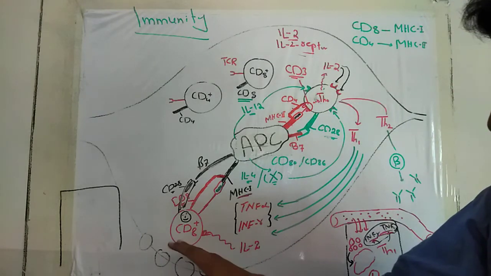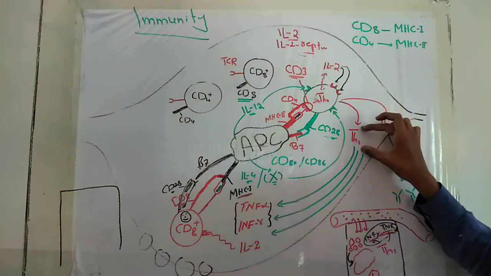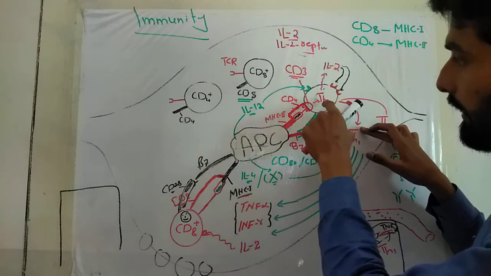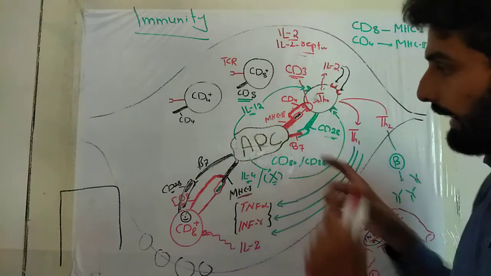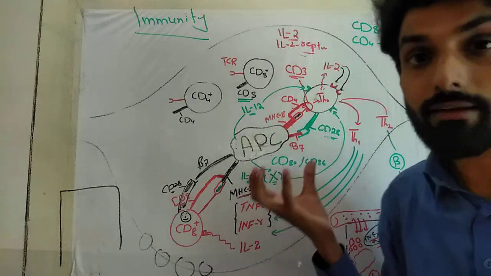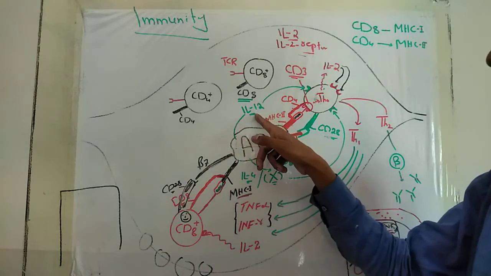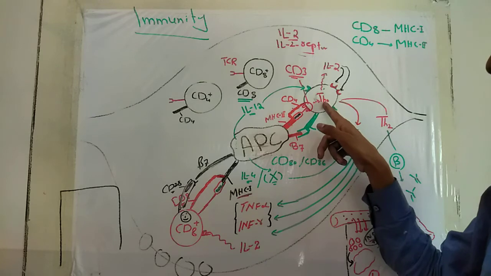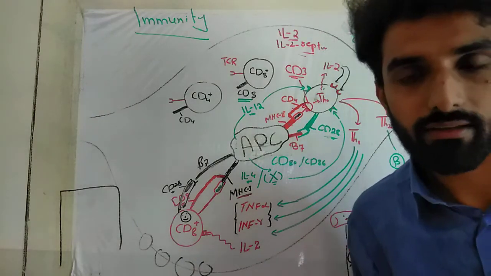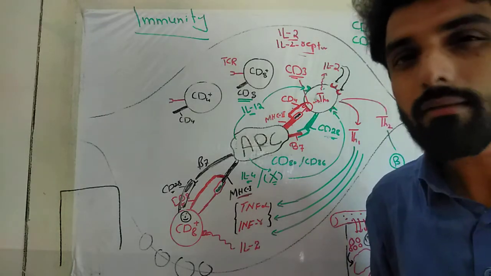CD8 cells are activated by Th1, and Th1 was formed when this APC told Th0 that the pathogen is intracellular. When the pathogen is intracellular, it will release interleukin 12. It will tell Th0 to get converted into Th1, and Th1 will activate the CD8 cytotoxic T cell. It means this cytotoxic T cell is basically specific for intracellular pathogens.